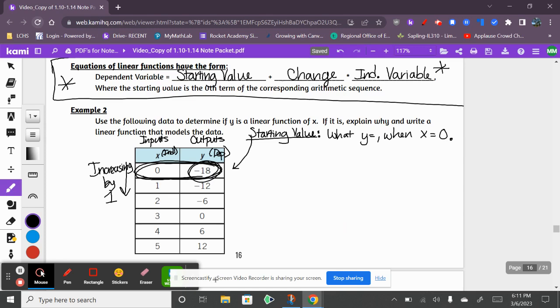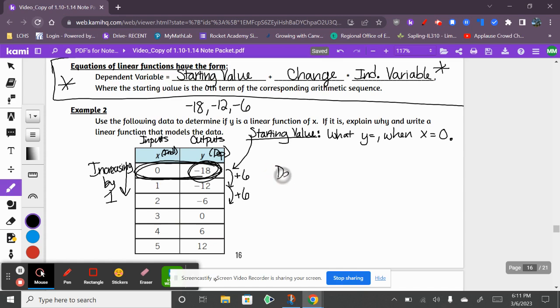We look in the output area to see what the change is. It's going from negative 18 to negative 12 to negative 6 and so on, so these are increasing by 6. If we look at this as a sequence, we would see that it is an arithmetic sequence, which means that it's a linear function.